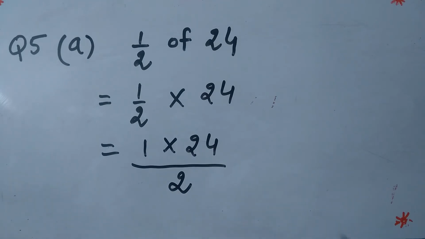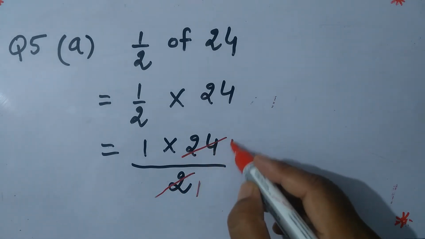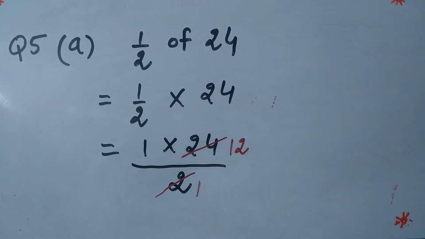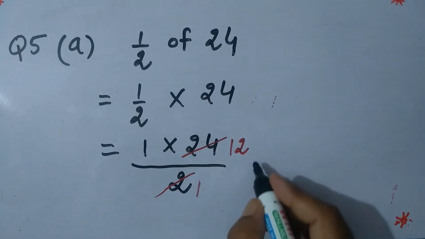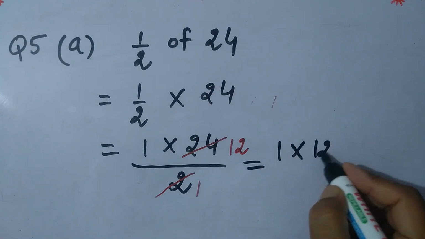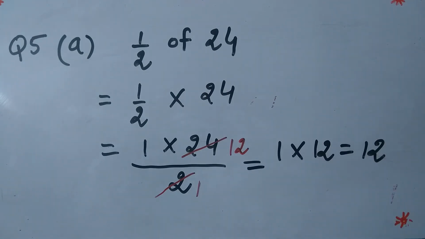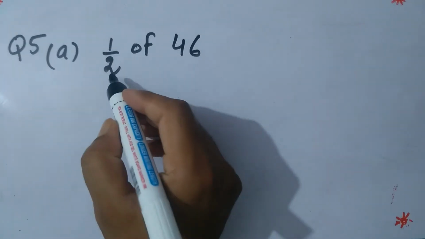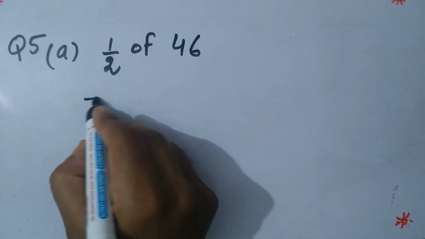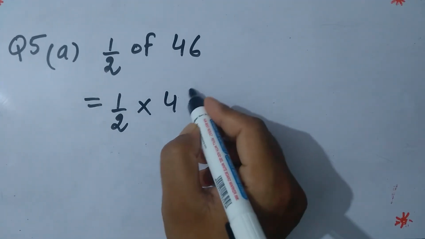Now what we can do? 2 ones are 2, 2 12s are 24. So the final answer is 1 into 12 equal to 12. Second part, 1 by 2 of 46. It means 1 by 2 into 46.